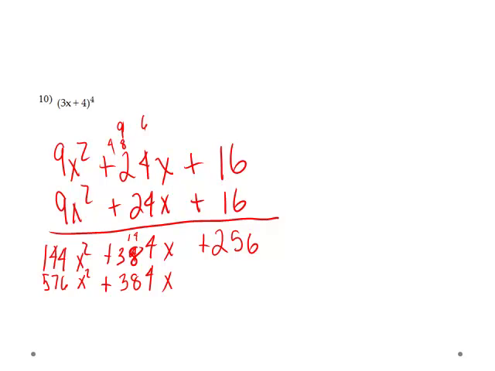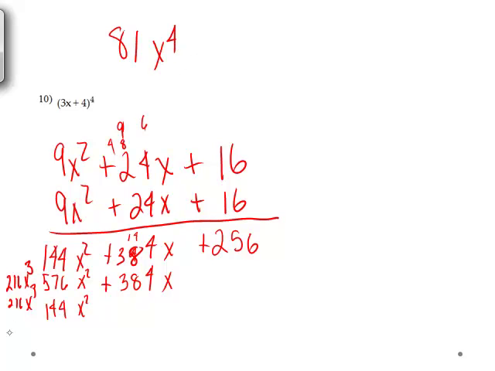Hold it. 24 times 9 is 216x cubed. Okay, now we got the last one, 144x squared, 216x cubed, and then 81x to the fourth.